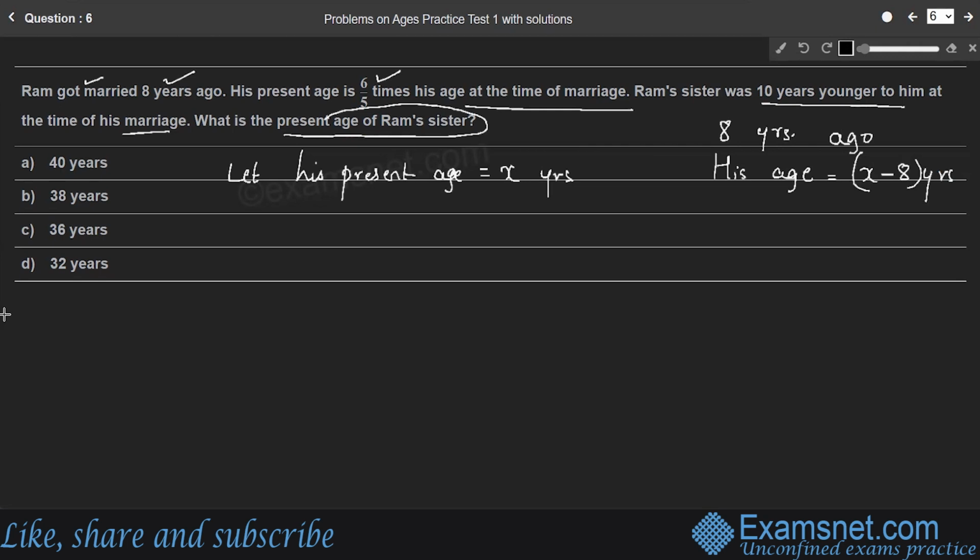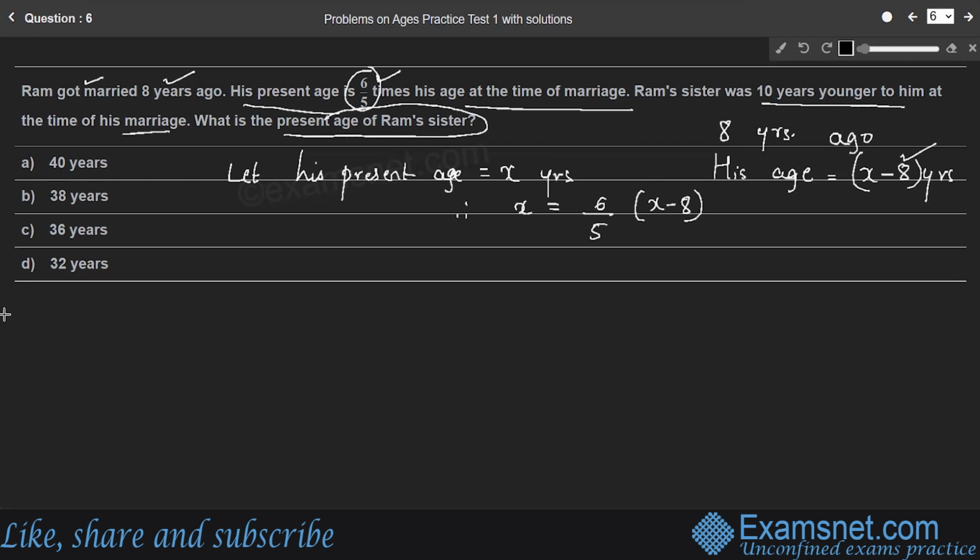So it is given that his present age is 6/5 times his age at the time of marriage. His present age is X, therefore X is equal to 6/5 times his age 8 years ago, which was X - 8.